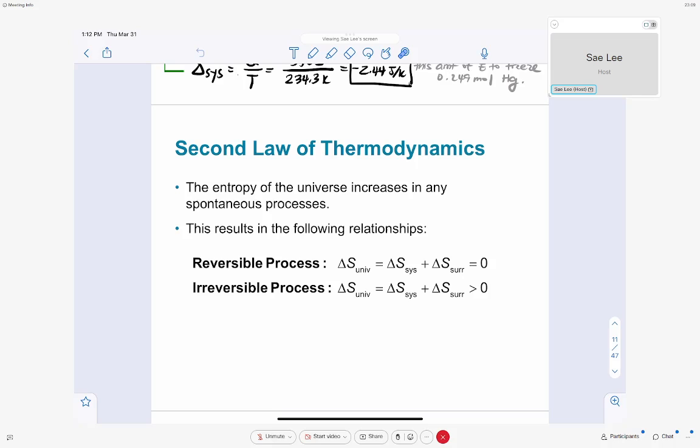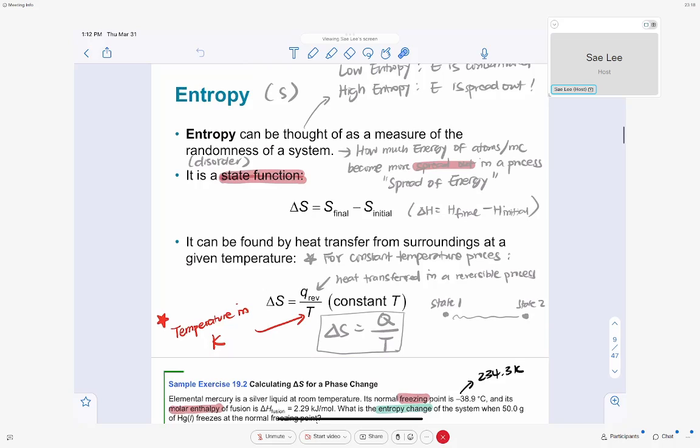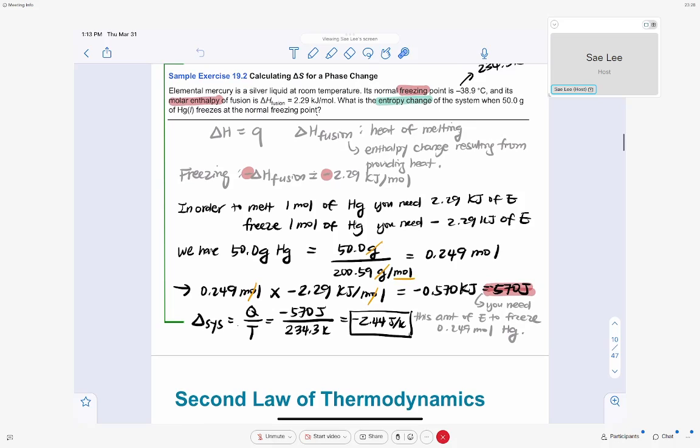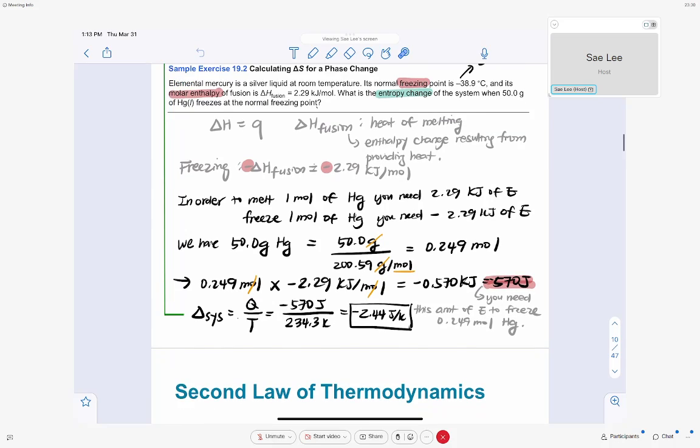During last class, we learned about entropy. We've learned how to calculate entropy. The change in entropy is going to be final entropy minus initial entropy. That's the general entropy equation that we learned.